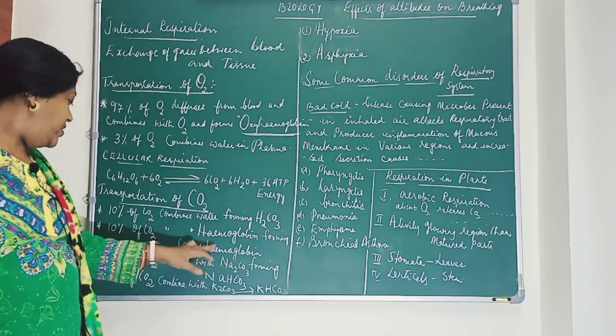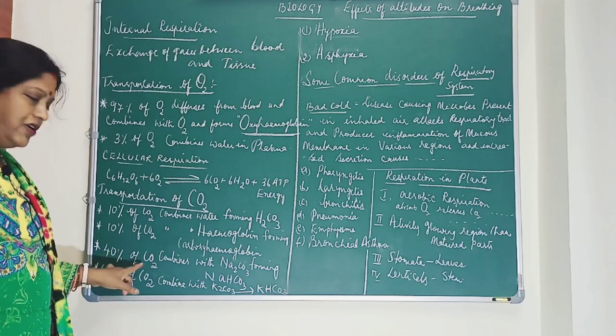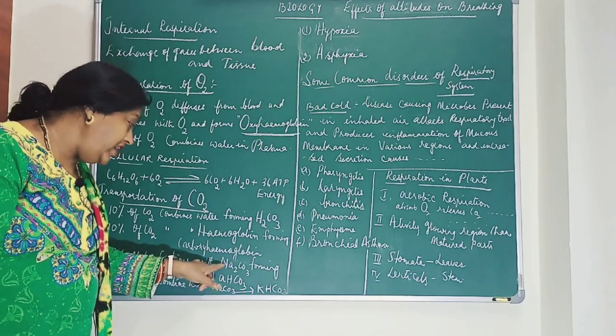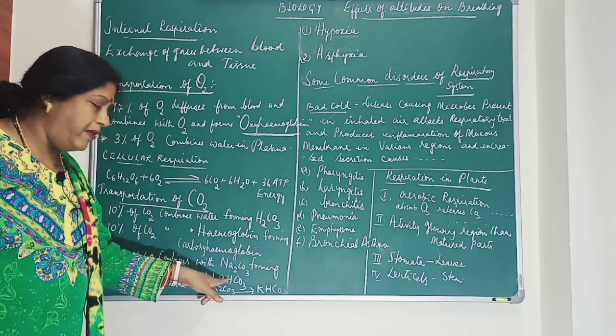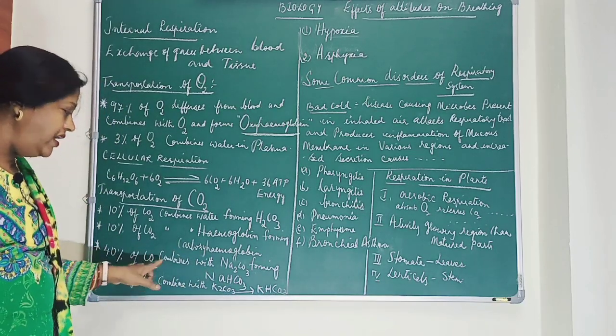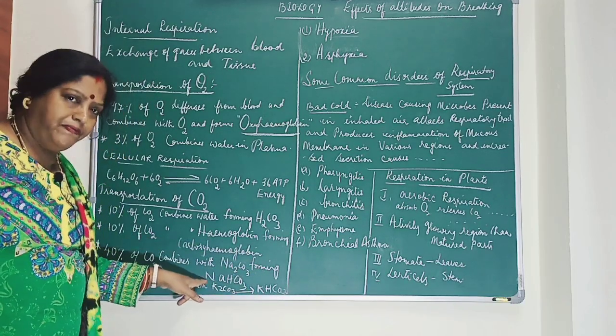Next, 80% of carbon dioxide is left, that is, 40% of carbon dioxide combines with sodium carbonate forming sodium bicarbonate. Understood children?